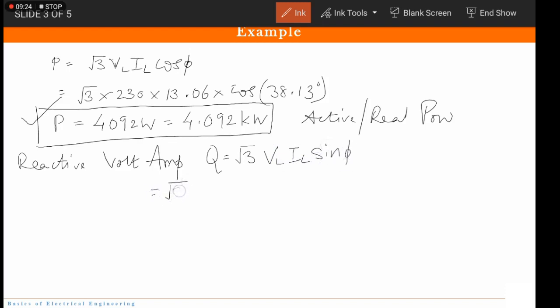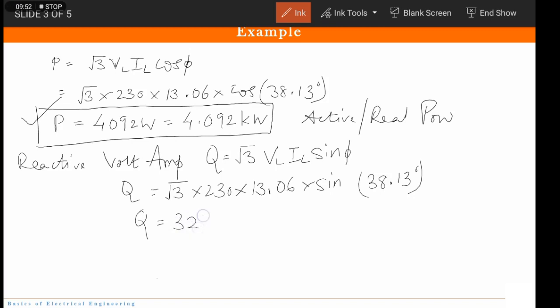So Q will be √3 into 230 into 13.06 into sin 38.13. So Q comes out to be, after calculating this, I got the value to be 3210 VA. The unit for Q is not watt. Please remember this.